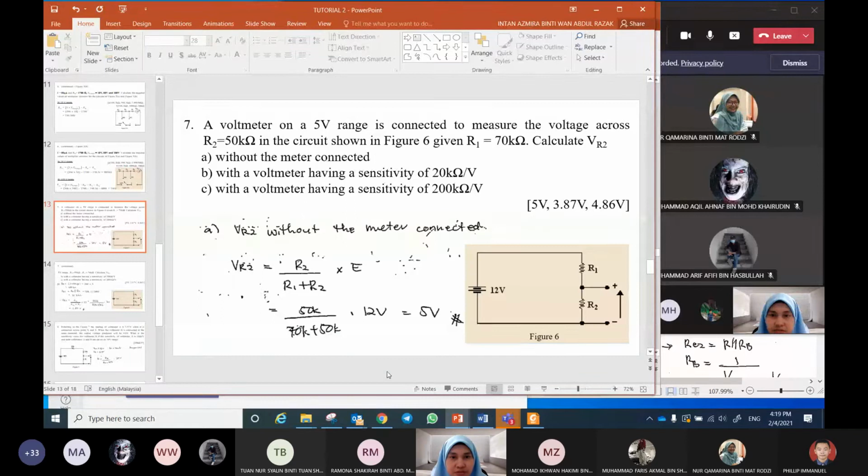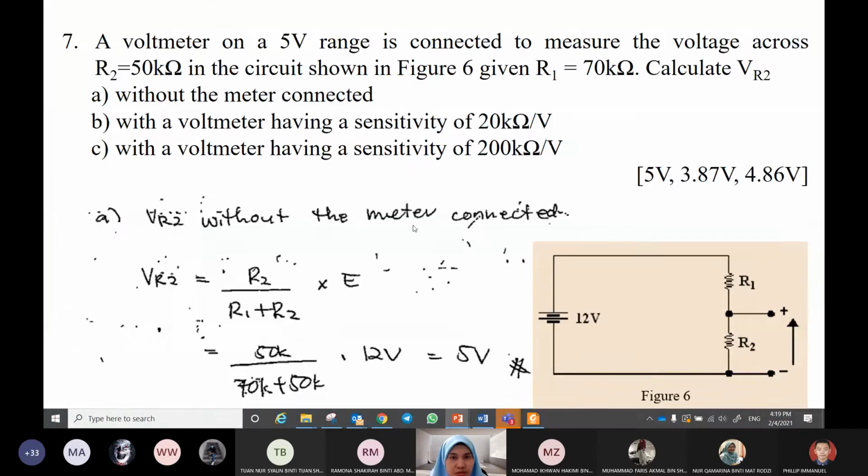Okay, this is number 7. I think we don't need to discuss, because it is the same as your lecture note. We have the voltage range of the voltmeter connected to measure R2. R2 is 50 kilo ohm. R1 is given as well, 70 kilo ohm.